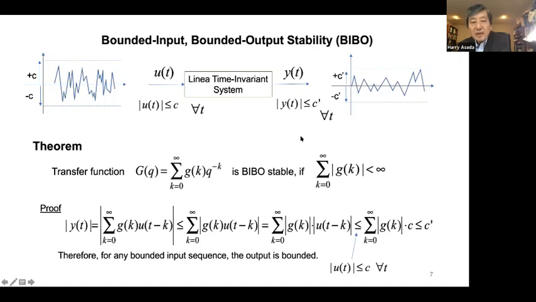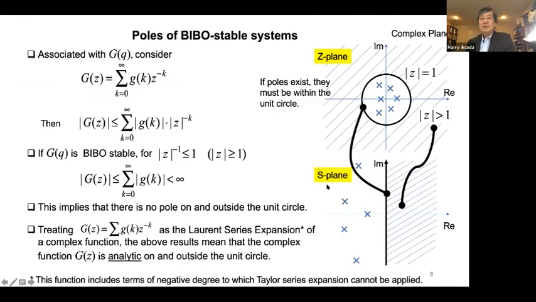So when you look at the transfer function, think about the absolute summation of g(k). And if that one is finite, the system is stable. Okay, let's use that.